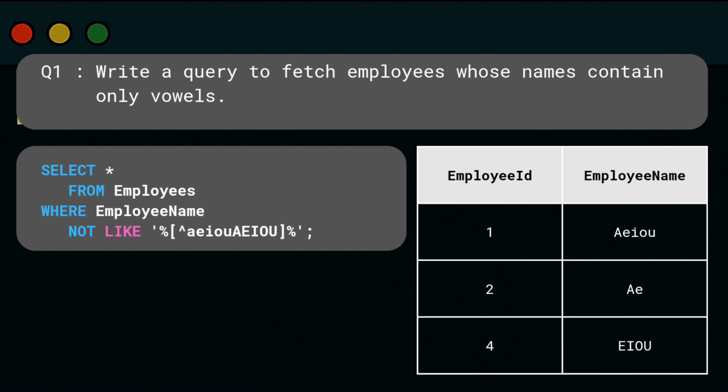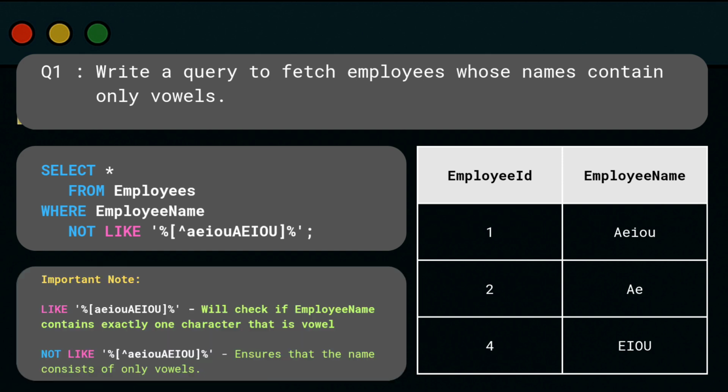Got it, right? Because if we use like with vowel characters, that will actually check if the employee name contains exactly one character that is a vowel. That is not our intention, right? And if we use not like with the consonants, that will actually check if all the characters in the name are vowels.